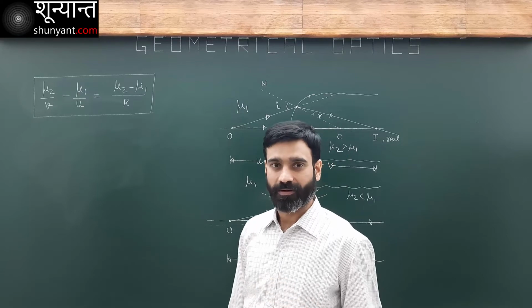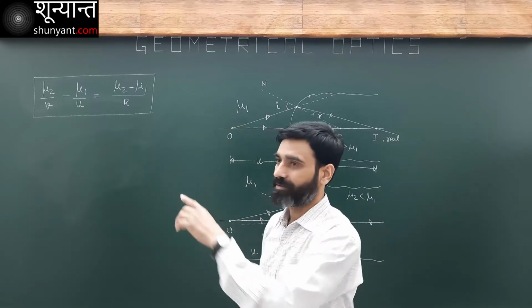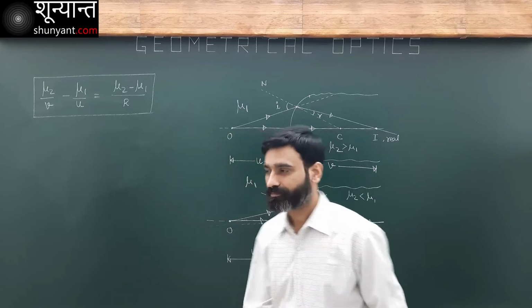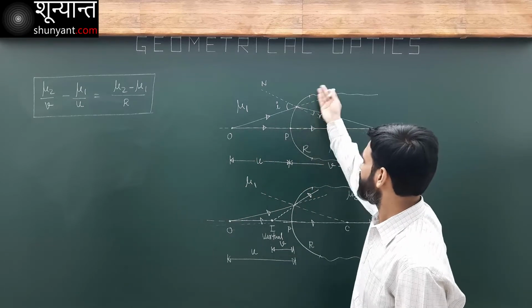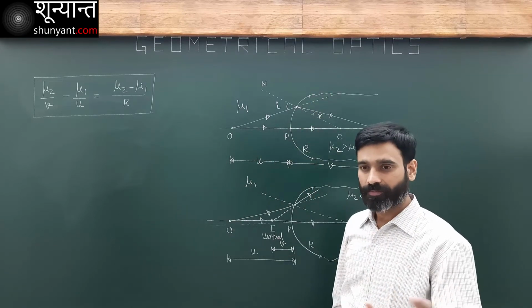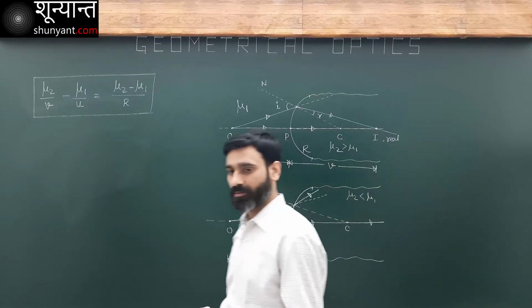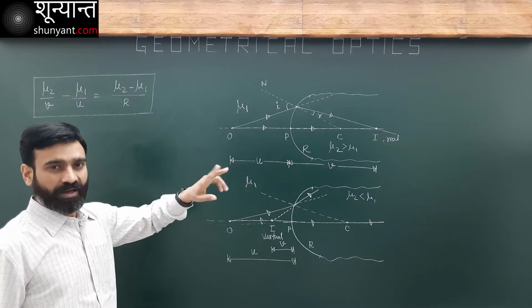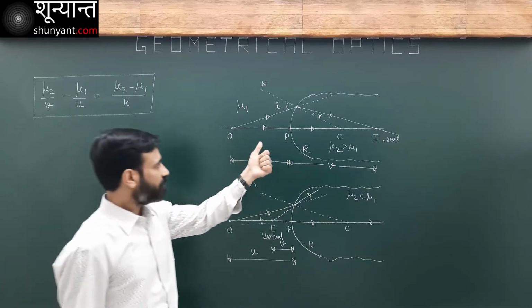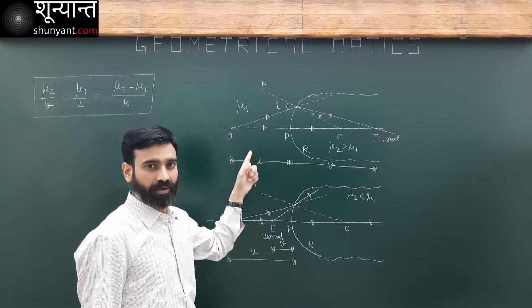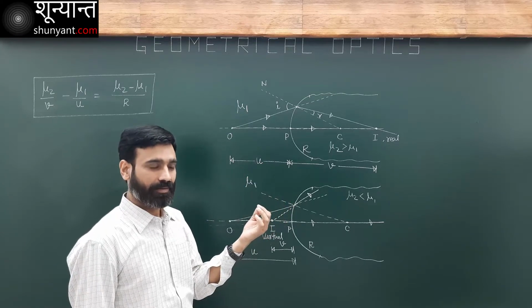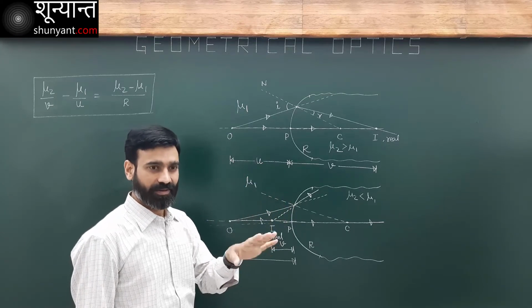What is mu1? U and v we know already: object distance, image distance. r is clear: the radius of this spherical surface. Mu1, mu2 are pretty much clear: the refractive indexes of the two media. Now, while choosing which medium I should take as mu1 and which as mu2, there is going to be confusion in some cases.